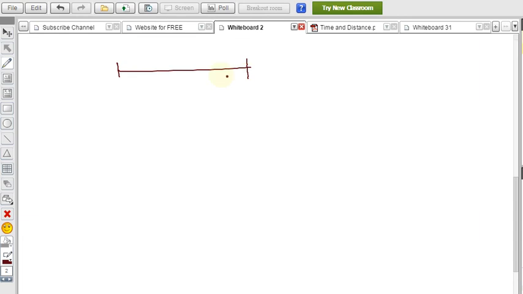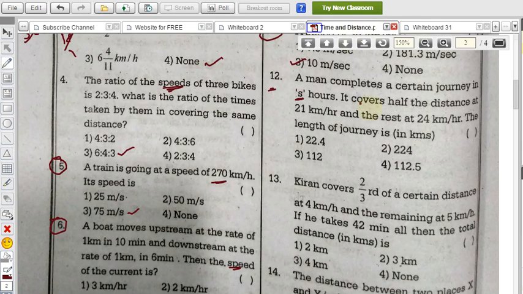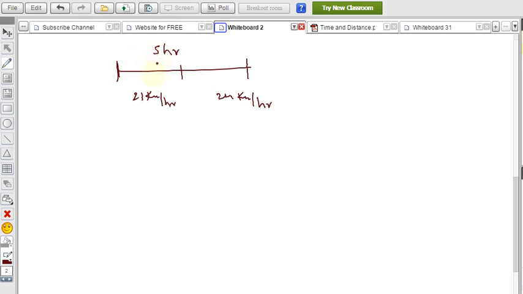So the total distance is covered in 5 hours. Half of the distance at 21 km per hour speed, and the rest at 24 km per hour. Total time is 5 hours.